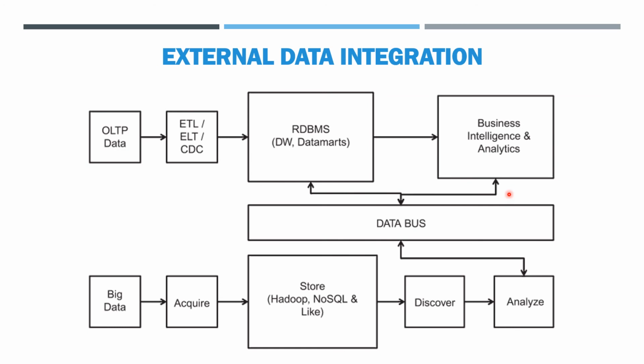So for the external integration, this figure shows the external data integration approach to create the next generation data warehouse. In this external data approach, the existing data processing and data warehouse platform are retained, and a new platform for processing big data is created in a new technology architecture.